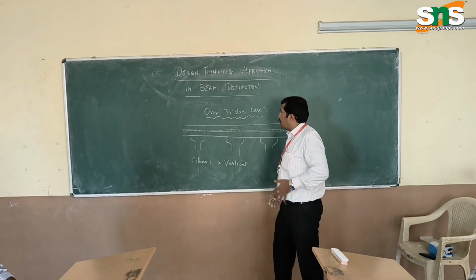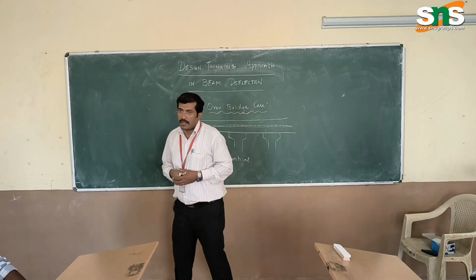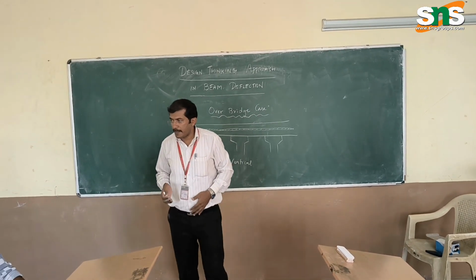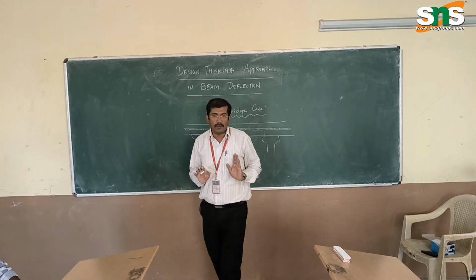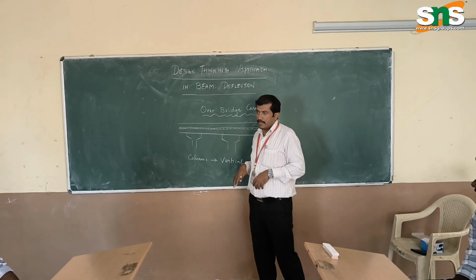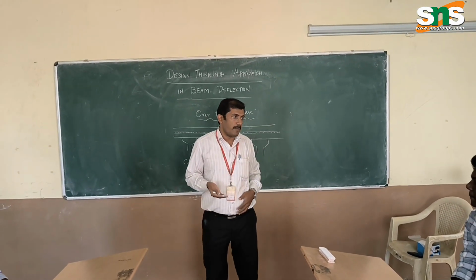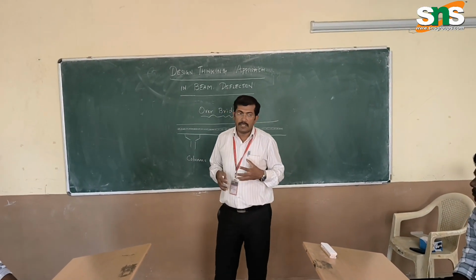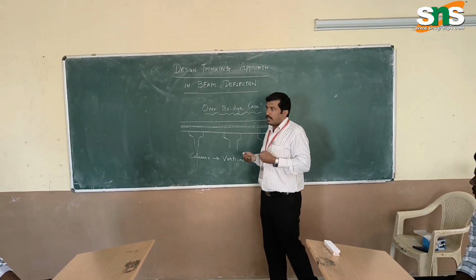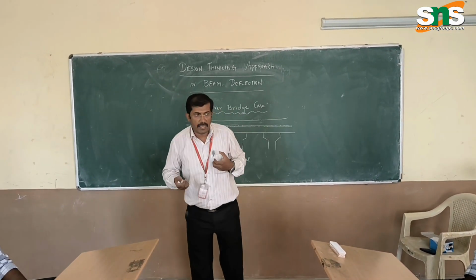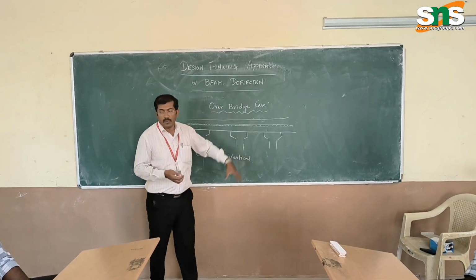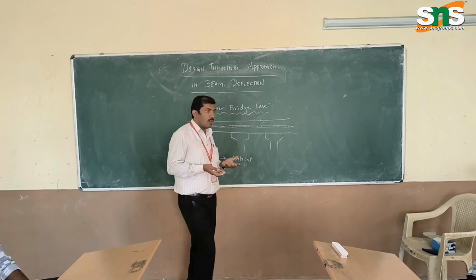Right? So in this, I am trying to understand design thinking. What is the first part of design thinking? Empathizing. What is the meaning of empathy? We should know the pain point of the customer. What is the problem statement we are analyzing? Here, the beam has to have the strength to hold the load applied over it.